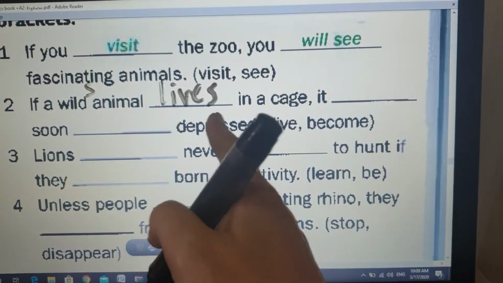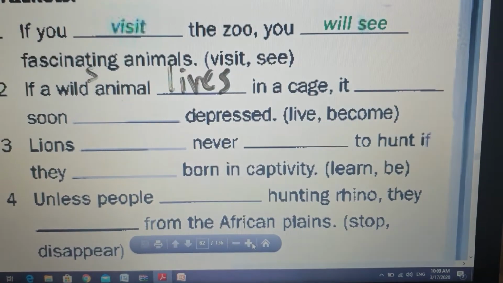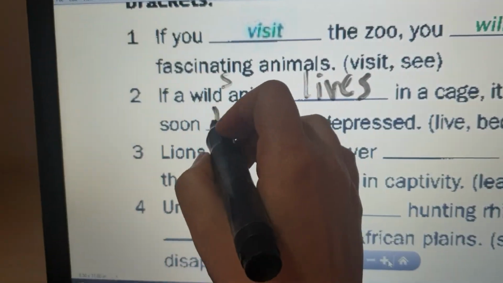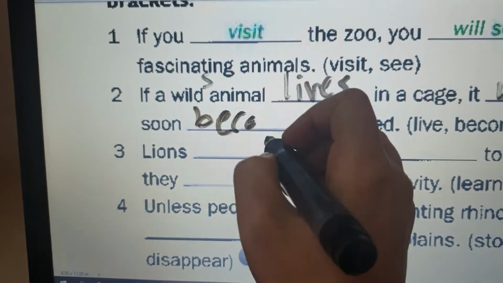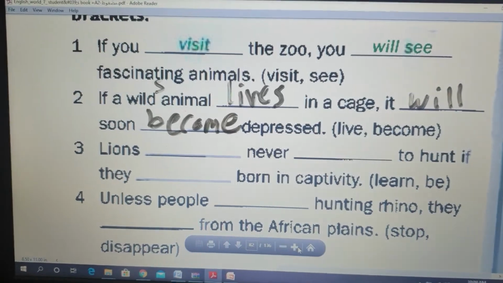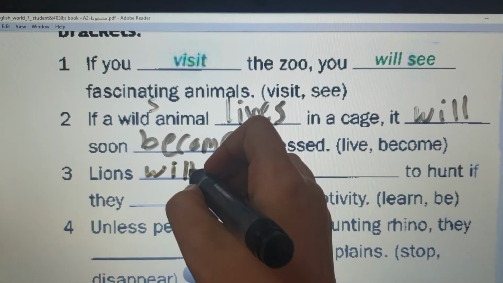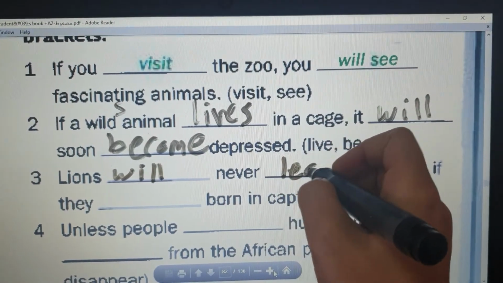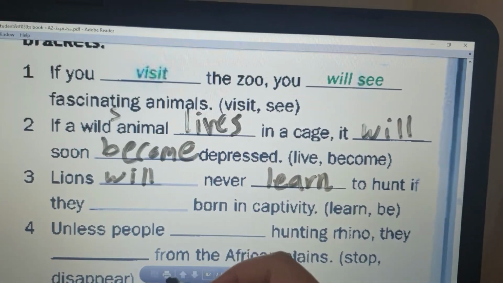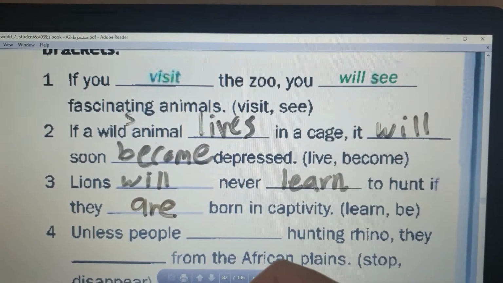If a wild animal lives in a cage, it will soon become depressed. Lions will never learn to hunt if they are born in captivity.